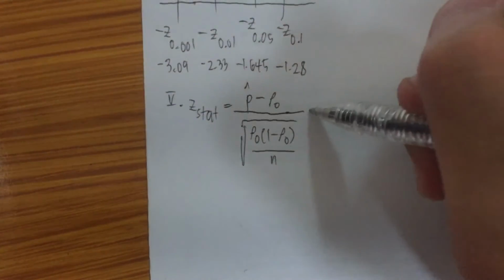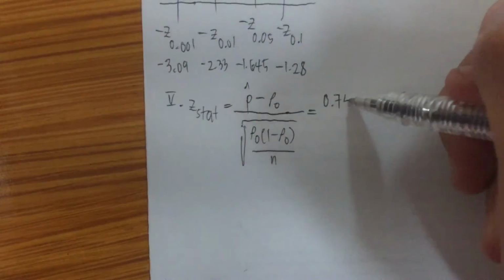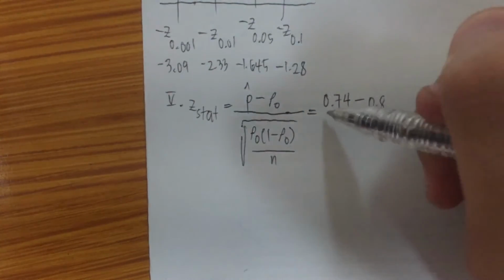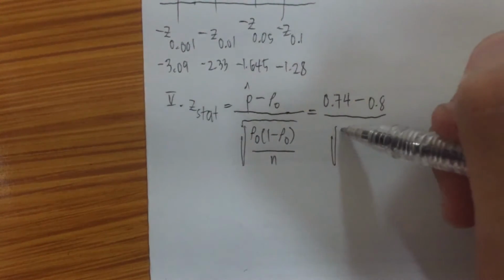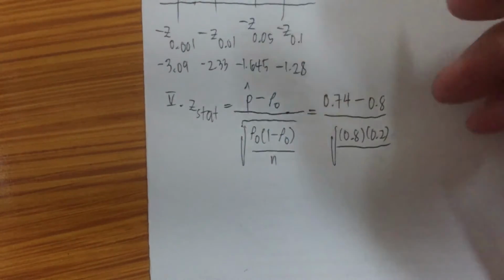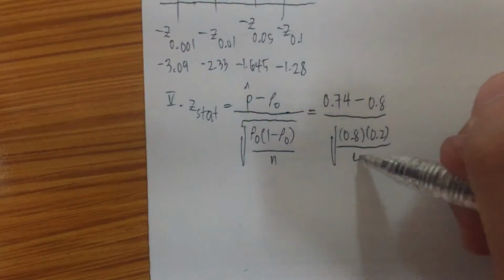Okay? So, p hat from the problem is 0.74. Rho naught is the one at the hypothesis, that's 0.8. And then divide this by the square root of 0.8 times 0.2 over the sample size of 400.